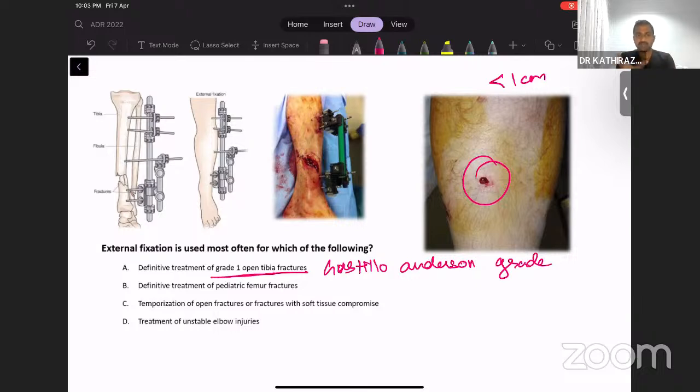You don't need an external fixator at all for Gustilo-Anderson type 1, unless it is from a farmyard injury or a gunshot injury or something like that. Otherwise you don't need an external fixator for a grade 1. Definitive treatment for pediatric femur fracture is a TEN nail.